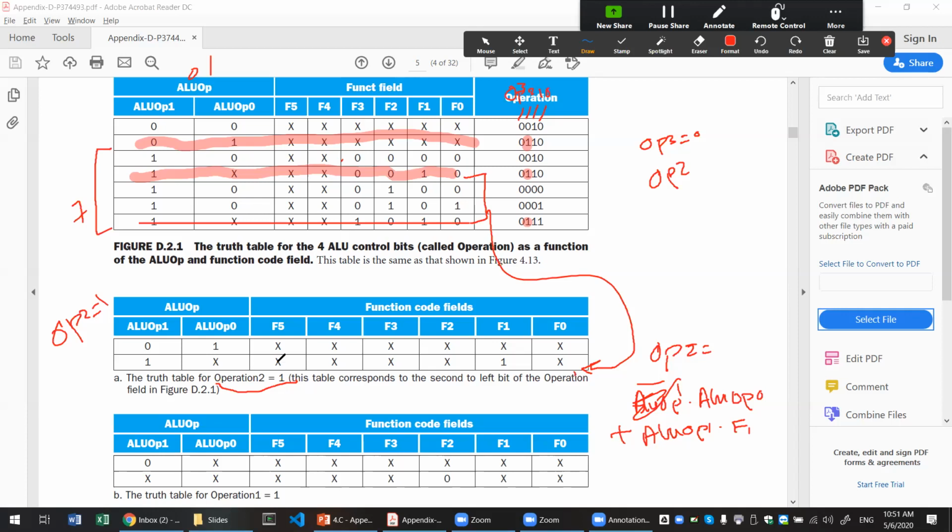It should, right? Yes. Repeat that, Doctor. If I just cancel this and say ALU op 0, and just focus on this table, if I say ALU op 0 is 1 or ALU op 1 or F1. Okay.